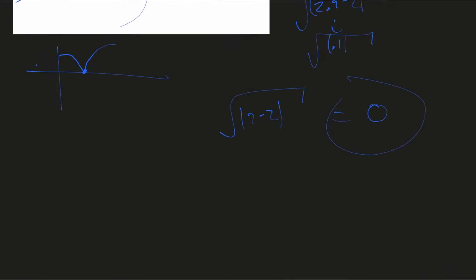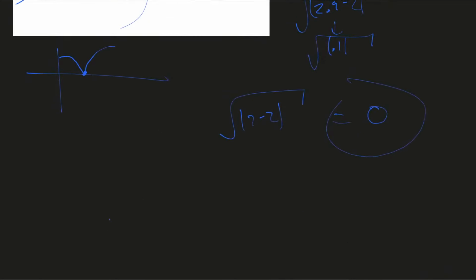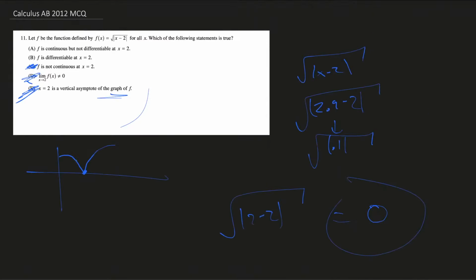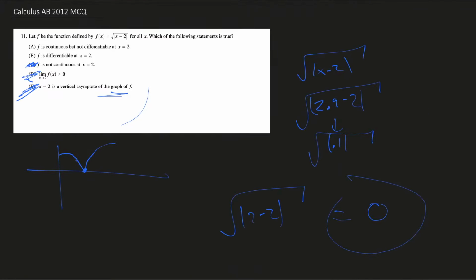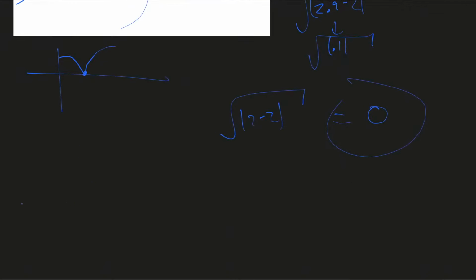Now, to figure out if it's differentiable, basically the slopes at the point have to be defined, right? If you think about f of x is equal to the square root of 2 minus x for x less than 2, and the square root of x minus 2 for x greater than or equal to 2.